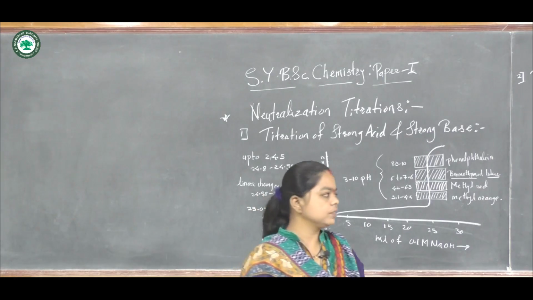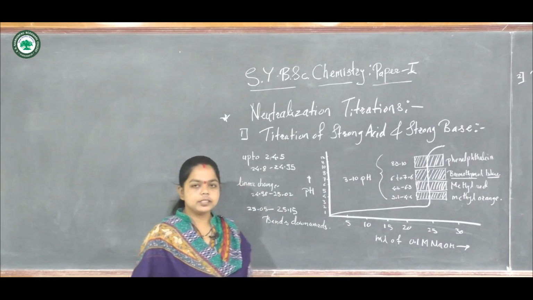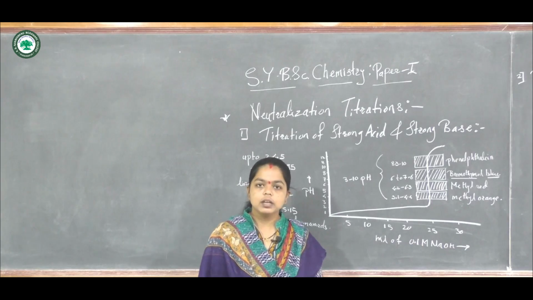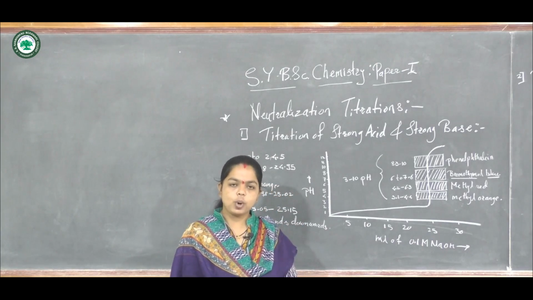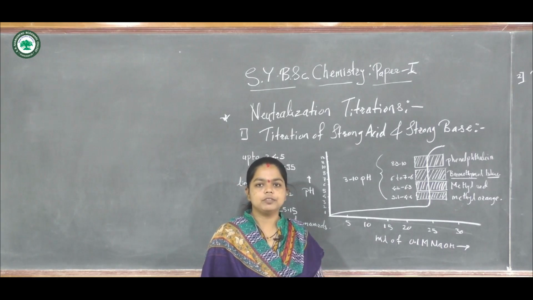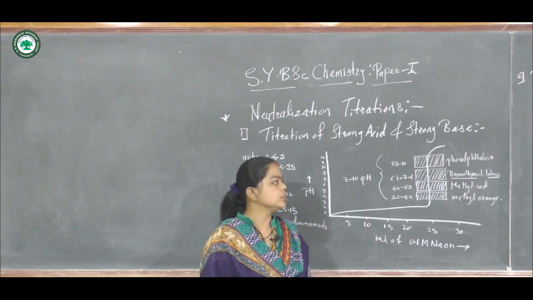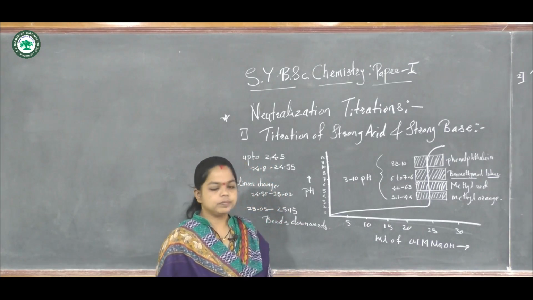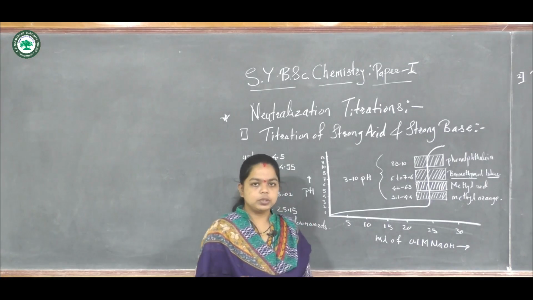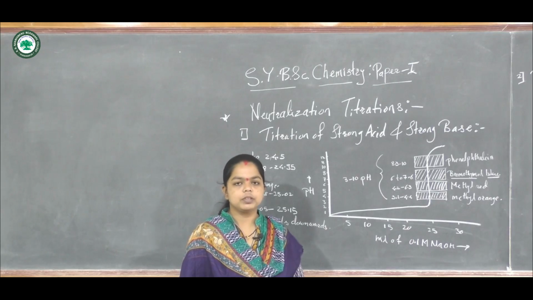Now let us start with the first type of neutralization titration. We are going to titrate a strong acid with a strong base, and study the change in the graph of the titration during the addition of the base to the acid.